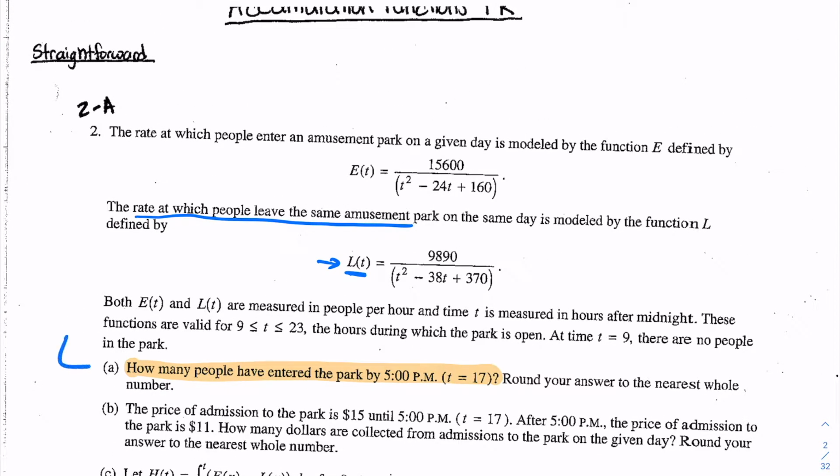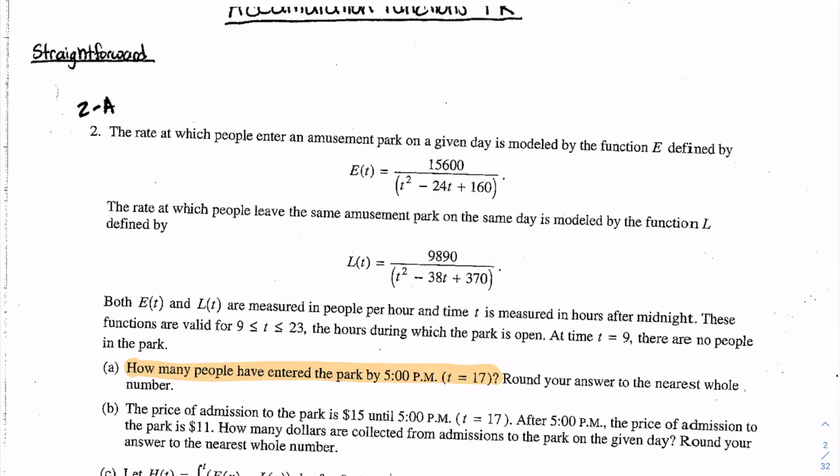So anytime you encounter a question where it says how many, what you have to do is get rid of the rate. The moment I cross out this word rate, I'm talking about people entering the park, okay? So mathematically, to get rid of the rate, you have to integrate, because to get rid of a derivative, you integrate, since they're inverses of each other.